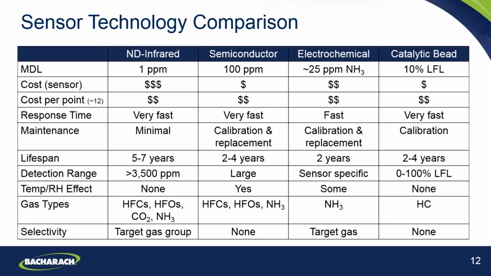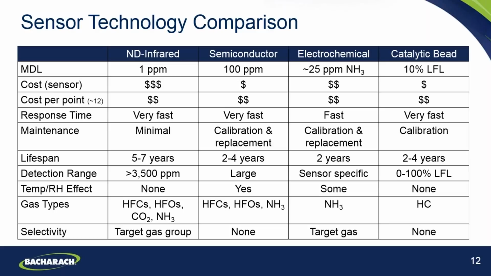Looking at the gas types measured, infrared can be used for monitoring HFCs, HFOs, and also for the natural refrigerants with CO2 and ammonia. Semiconductor sensors, again, measuring HFCs and HFOs, can also be used for ammonia applications as well. Electrochemical sensors, as mentioned earlier, are really only applicable for ammonia measurement in refrigeration applications. Catalytic bead sensors, we're really looking at the hydrocarbon refrigerants there.